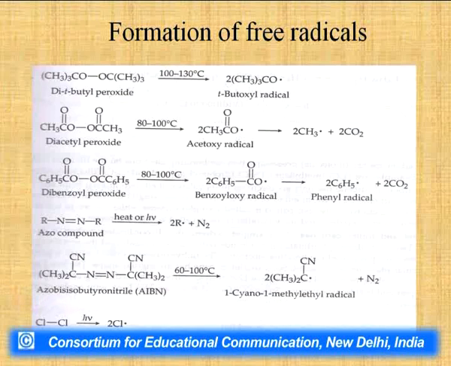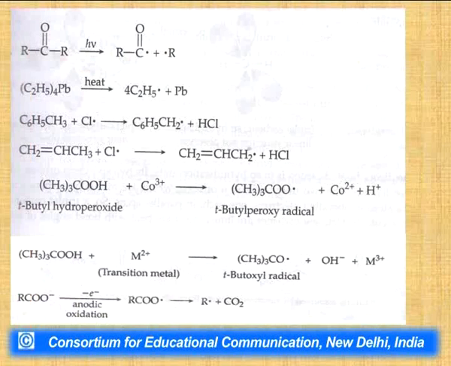Azo compounds photochemically or thermally dissociate to give alkyl free radicals. Azobisisobutyronitrile, when heated to 60 to 100 degrees Celsius, gives the 1-cyano-1-methylethyl radical, which can further dissociate. Chlorine photochemically gives chlorine free radicals.